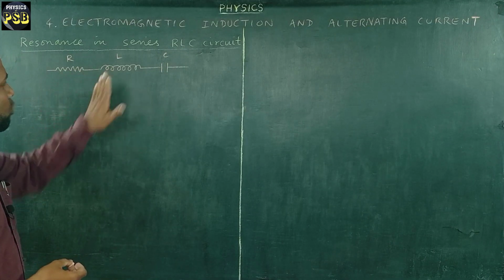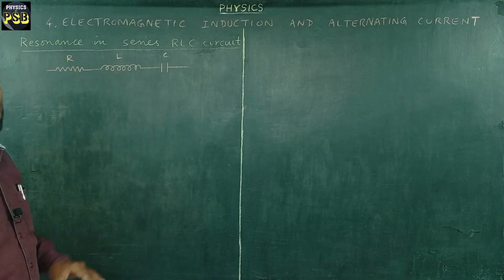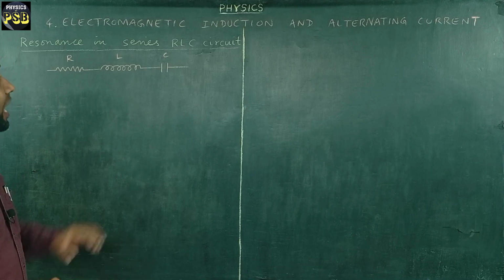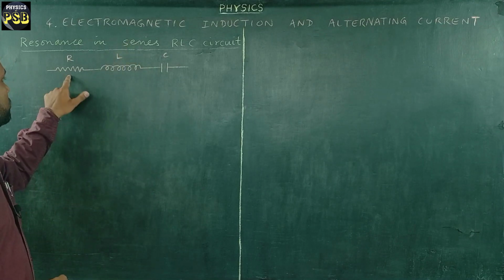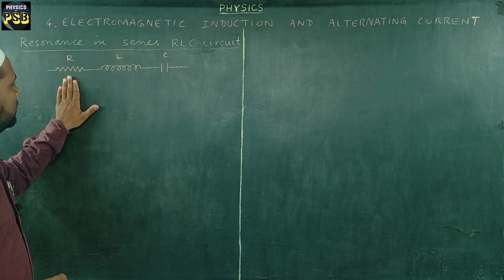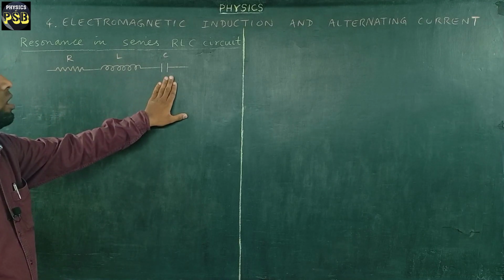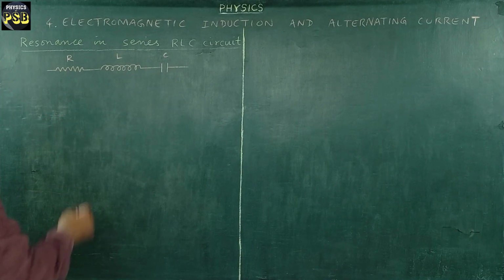Now, when components are connected side by side, we call such combination as series combination. So here, resistor, inductor and capacitor are connected in series.